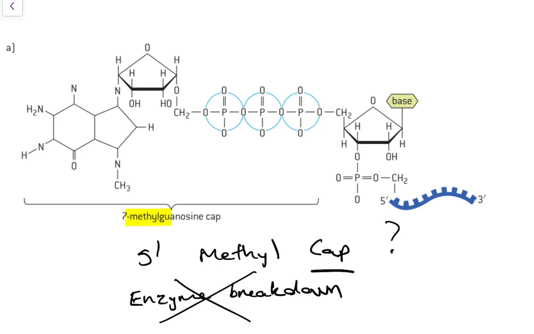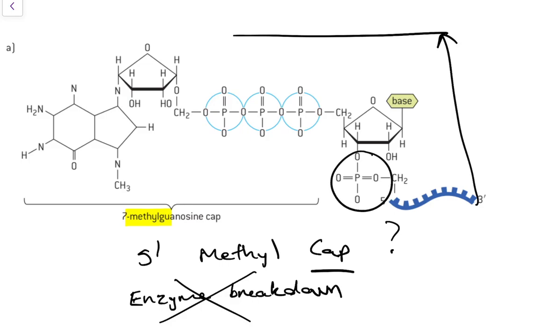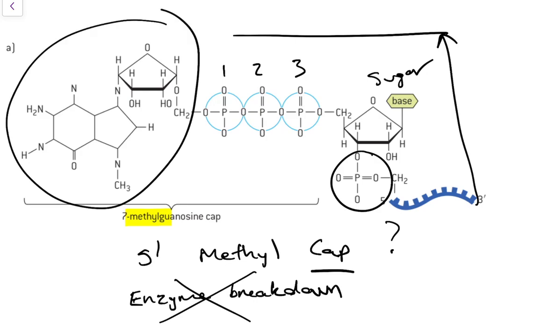So what kind of a cap is it? Well, if we followed the mRNA along, so this is the mRNA, at the 5' end, we've got our sugar phosphate backbone of that chain. So you can see the phosphate here, then we've got the sugar, and then the cap bit is 1, 2, 3 phosphates, and it is using the nitrogenous base guanine.